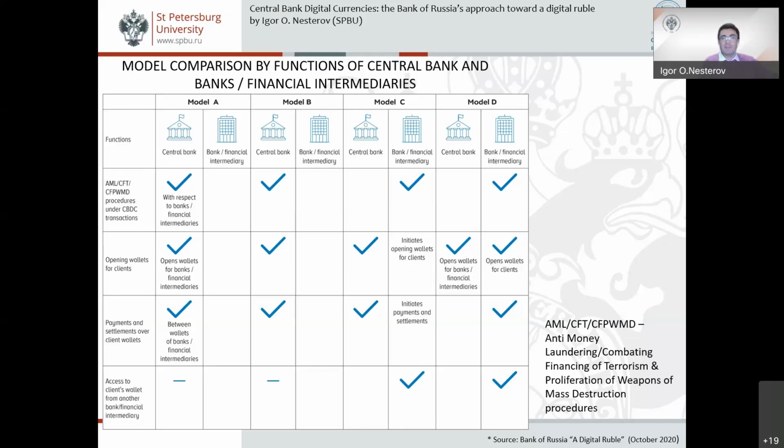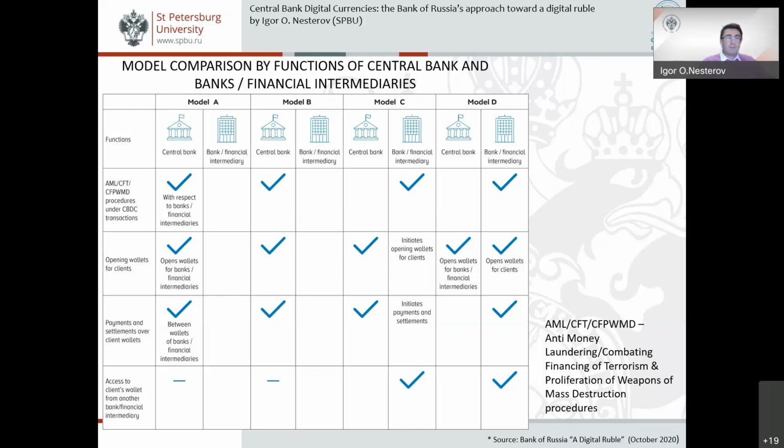We can see that central banks open CBDC wallets directly to individuals and companies and settle transactions through these wallets. Actually, this model has no place for commercial banks, and that is a real threat for the traditional banking system.